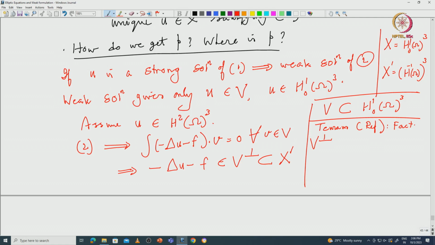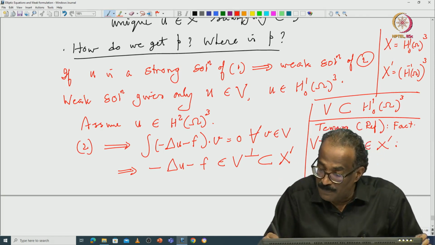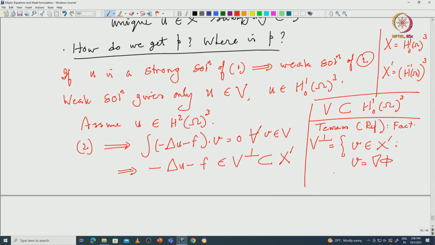So, V perp is nothing but the set of all V in X prime orthogonal to the divergence free vectors, then your V will be some gradient of phi for some phi in L2 or H1 of omega. So, you can realize all your V perp functions as gradient functions.